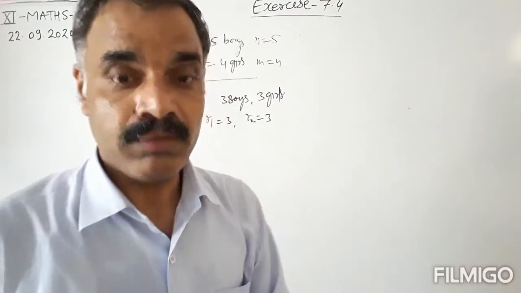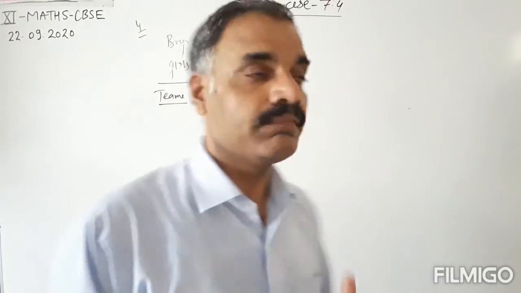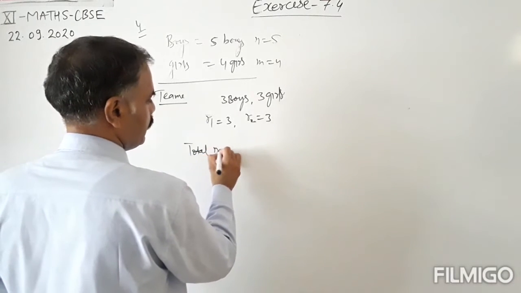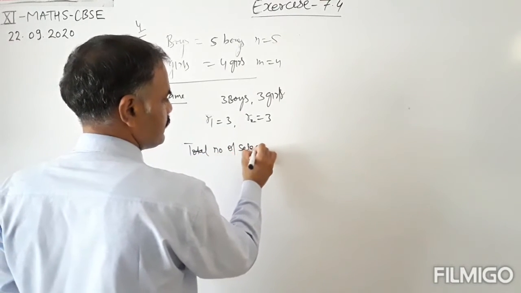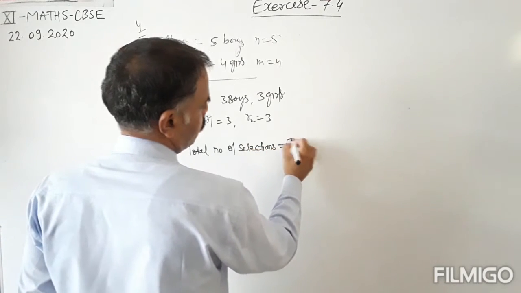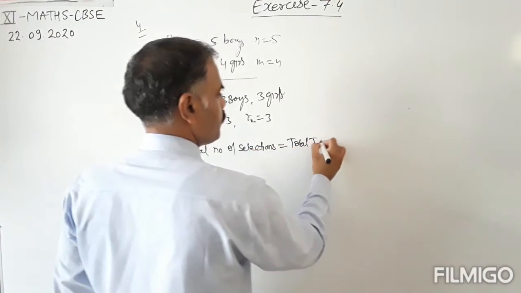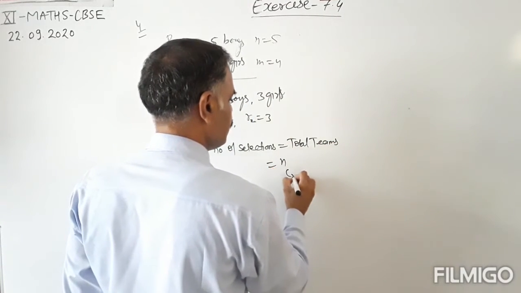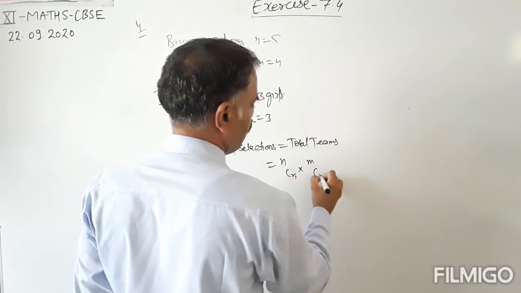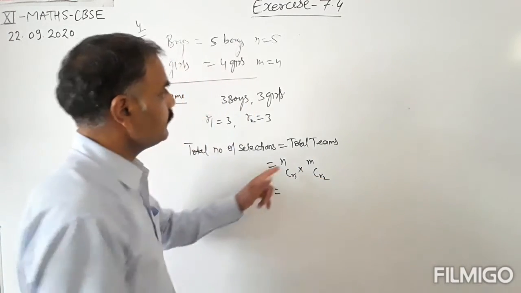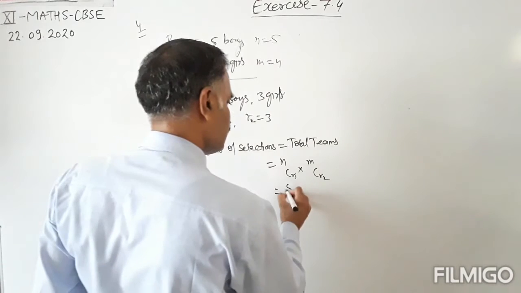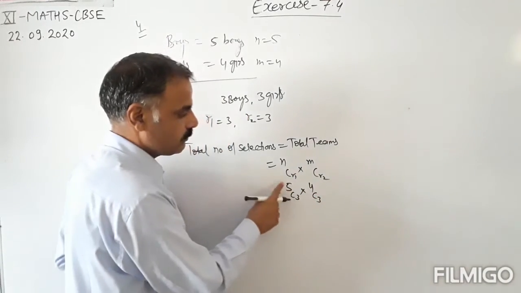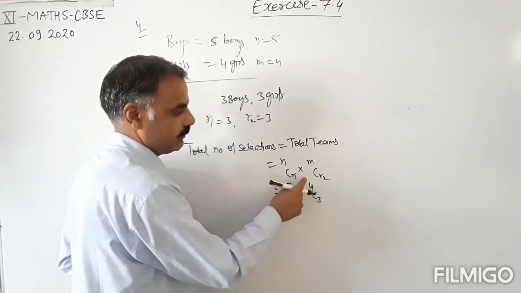Okay, so total number of selections or total number of teams, total teams, that is equals to nCr1 multiplied by nCr2. Okay, means 5C3 multiplied by 4C3. 3 boys out of 5 boys, 3 girls out of 4 girls.